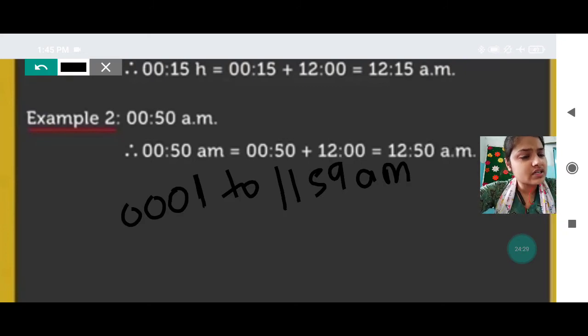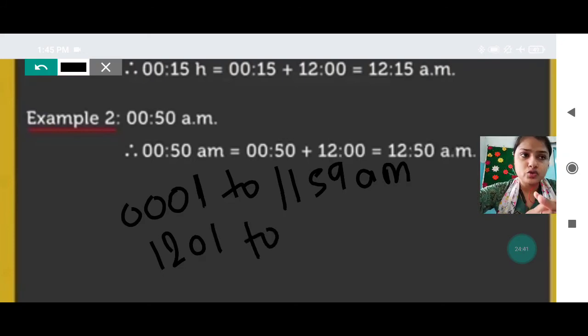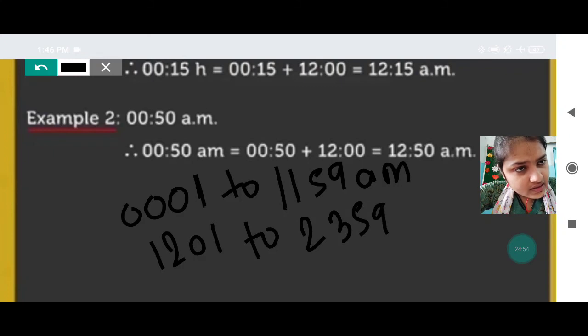From this to this it is called AM. After 11:59 it will be 12, and 12 is noon, as I have already said. After 12, from 12:01 to 23:59, it is PM.